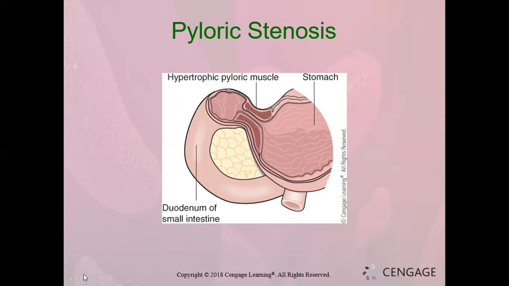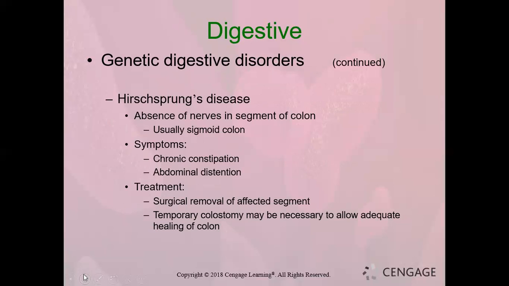So that little muscle there is underdeveloped, and so those babies puke up all their food. Hirschsprung's disease is an absence of the nerves in a segment of the colon, usually part of the sigmoid colon, if you guys know where that's at. They're going to have chronic constipation and abdominal distension, and they're going to have surgery. They may have to have a colostomy too.